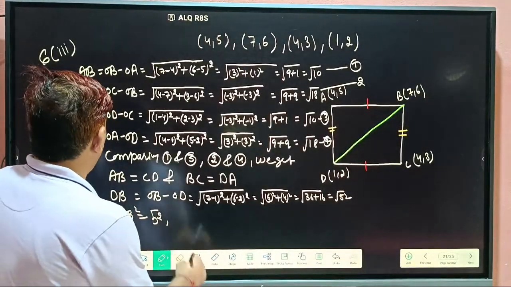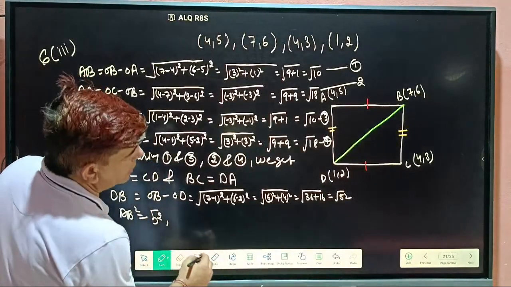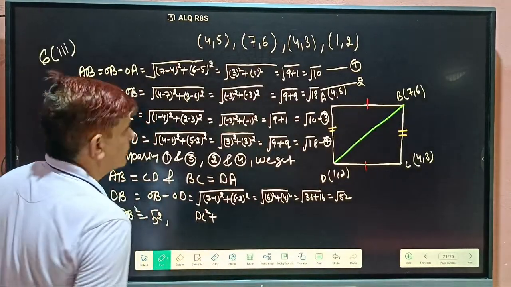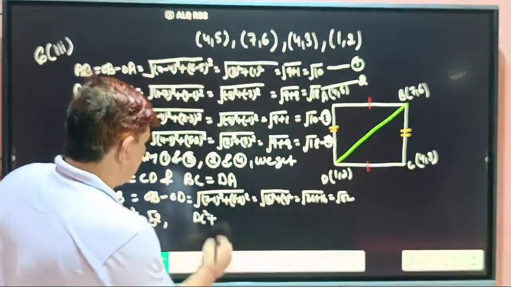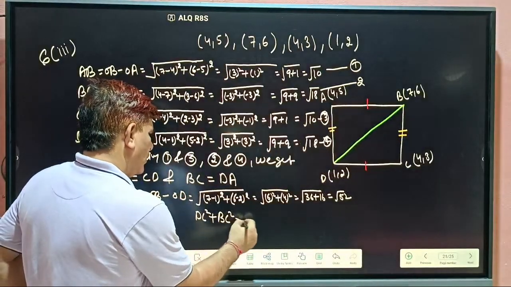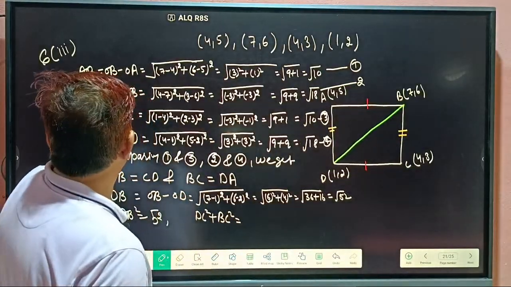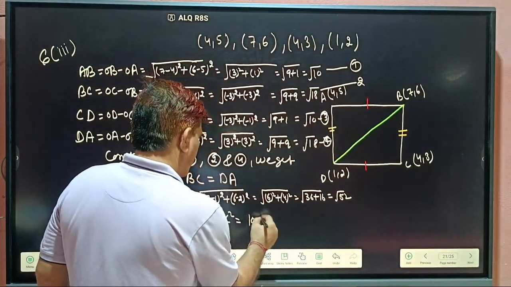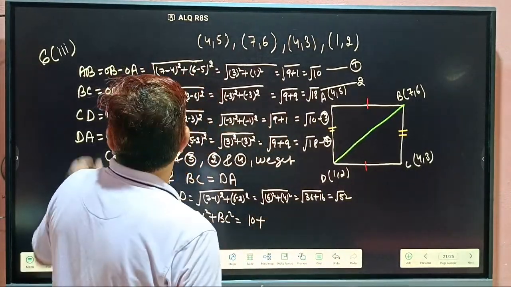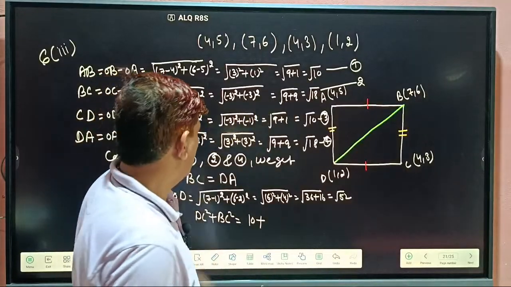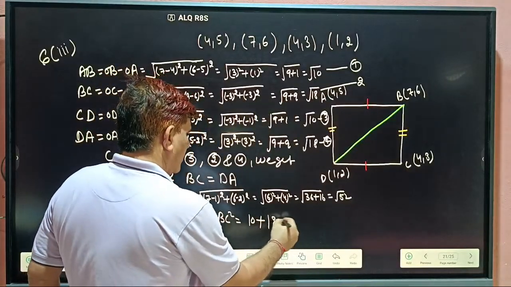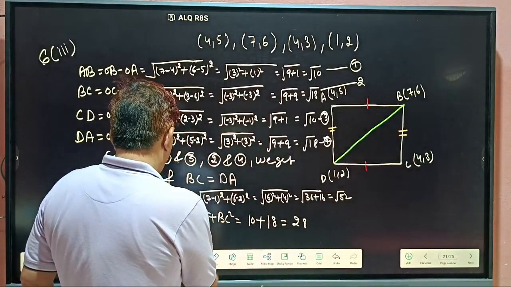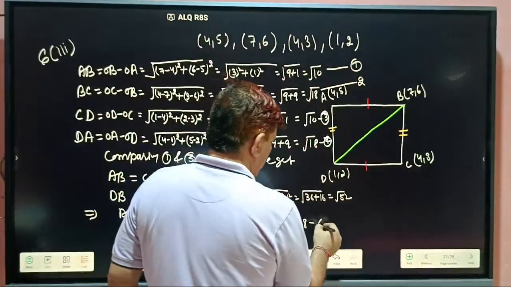Understood? And what's DC square plus BC square? What's DC? CD is 10, plus BC 18, is equal to 28. So this is, we can say, fifth, and this is, we can say, sixth.